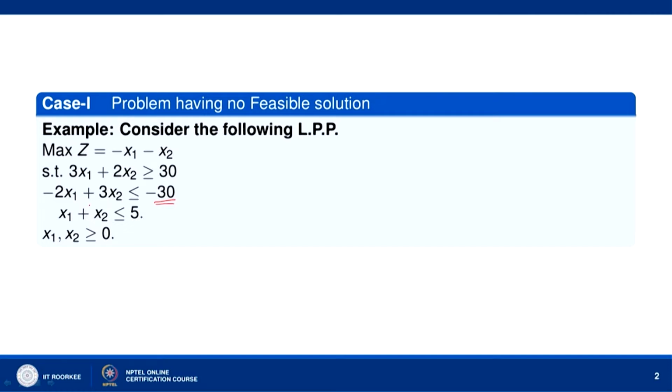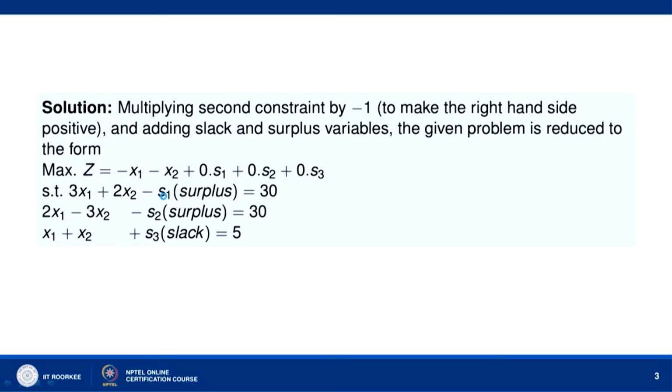inequality by minus 1 and so this reduces to 2 x 1 minus 3 x 2 greater than or equal to 30. So, in order to make the right hand side of the second constraint positive we multiplied by minus 1, and then add slack and surplus variables.